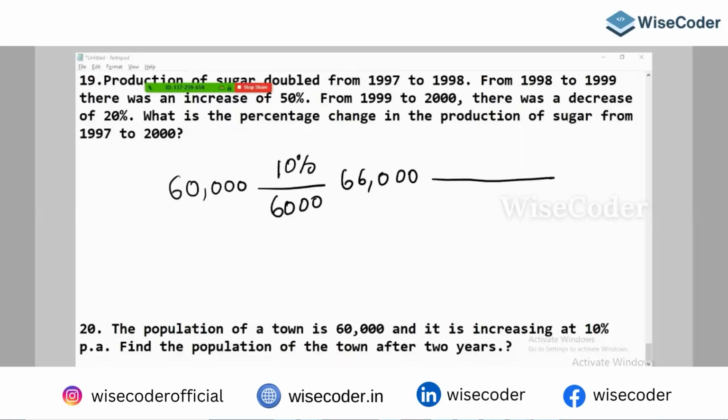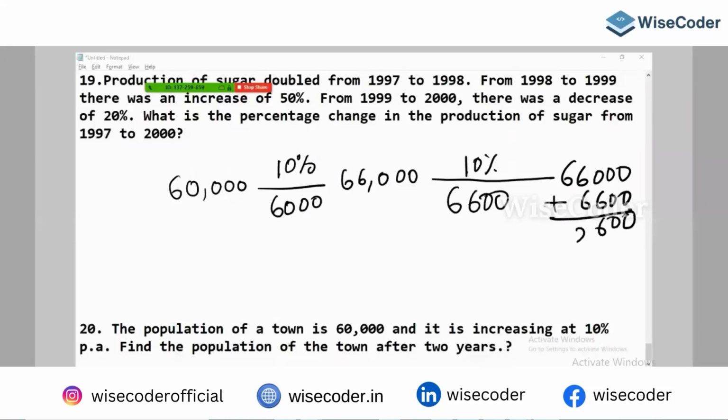And again on 66,000 there is a 10% increase, which is 6,600. So after 2 years, it's going to be 66,000 plus 6,600.